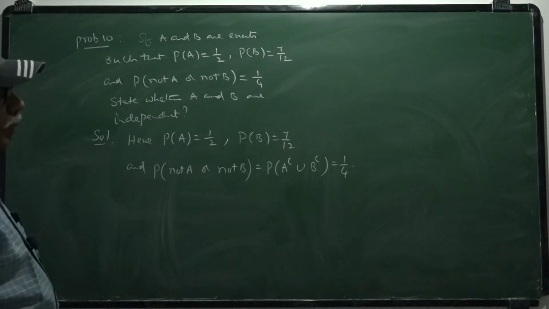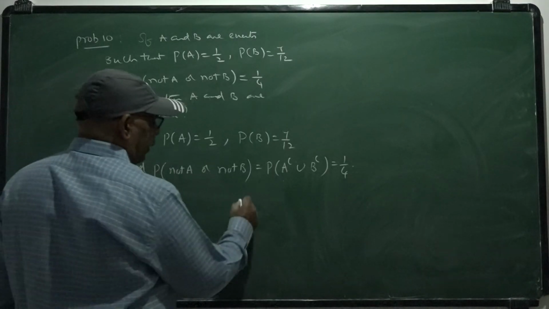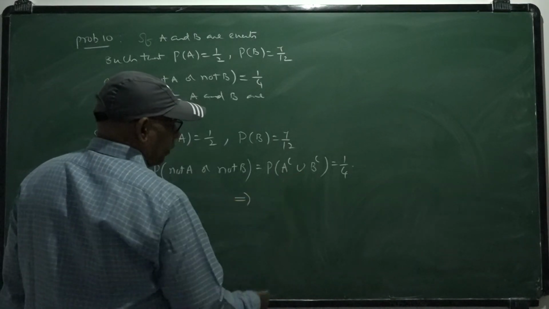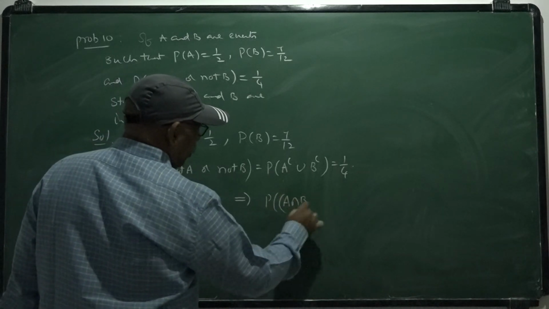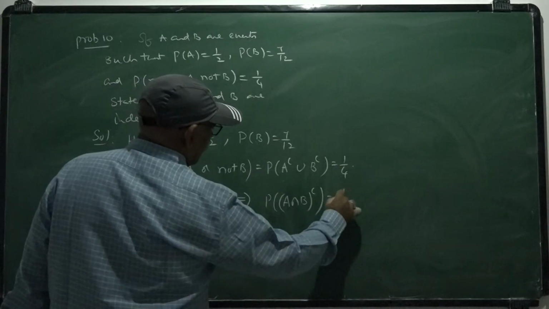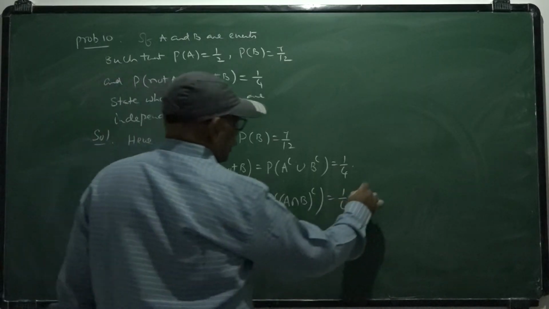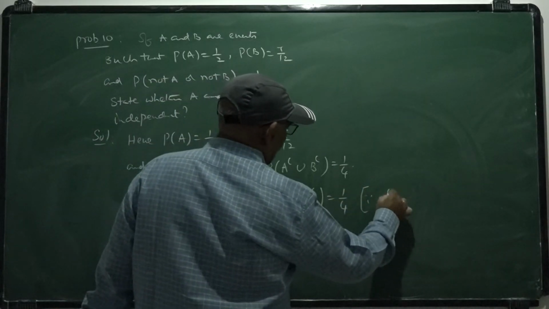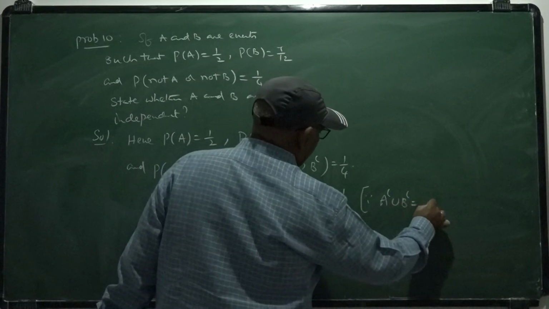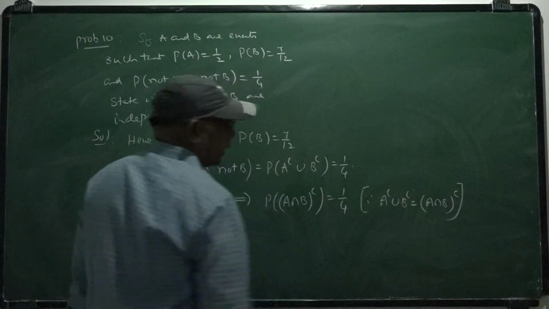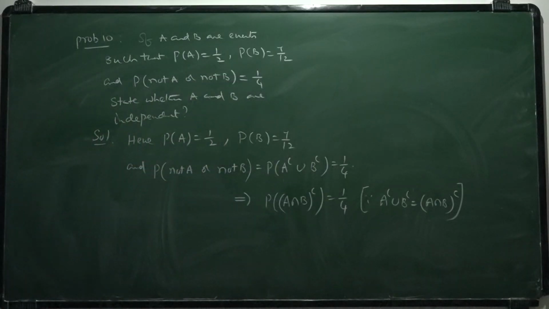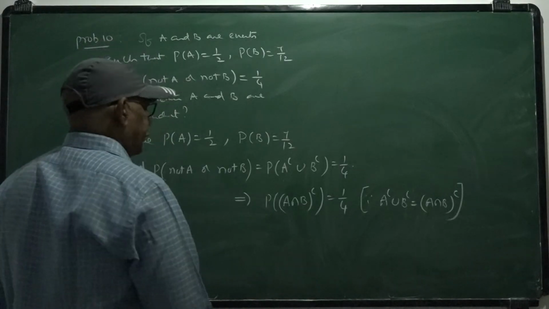Probability of A complement union B complement is 1 by 4, implies this is probability of A intersection B whole complement is 1 by 4, since by set theory, A complement union B complement is A intersection B whole complement.